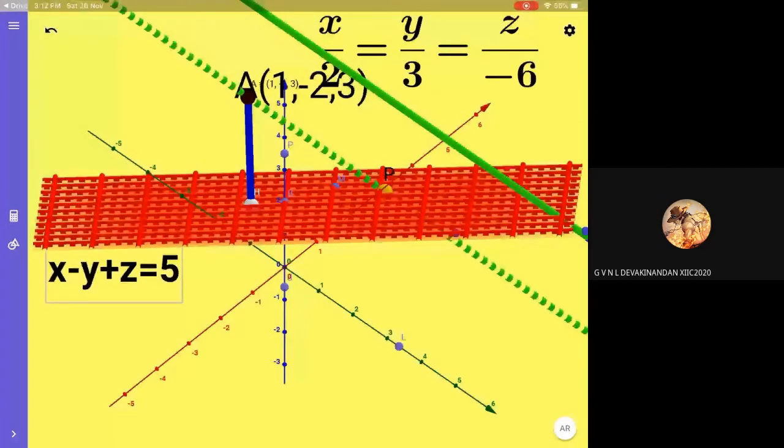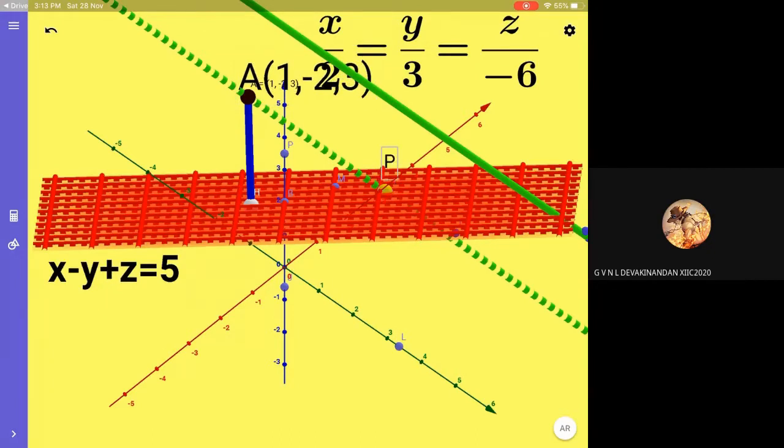Now the confusion comes. There are two lines which we are visualizing here. Which line do you have to take first to start the problem? Is it the green line or the dotted green line? We have to take the dotted green line because we have to find the distance between A and P.